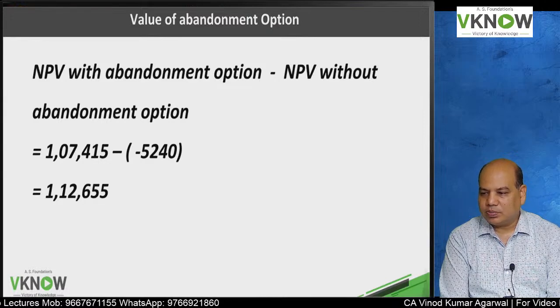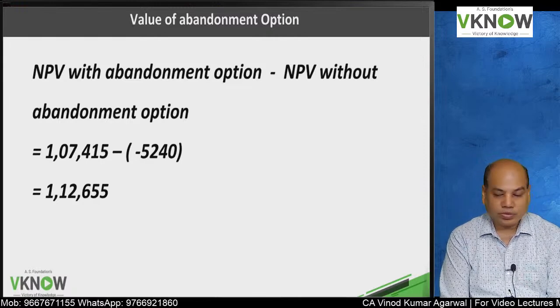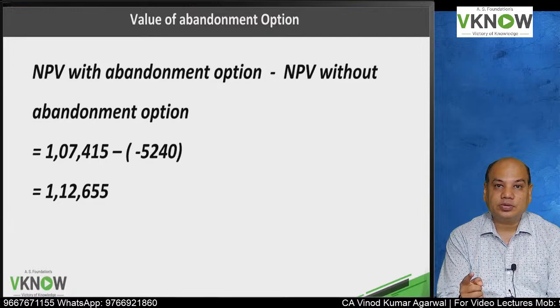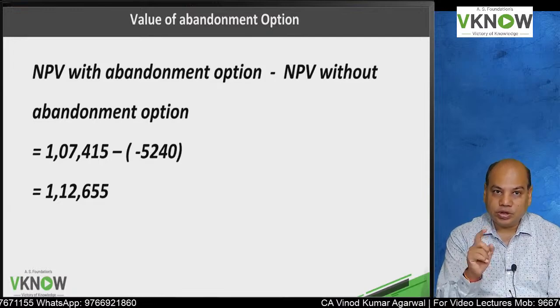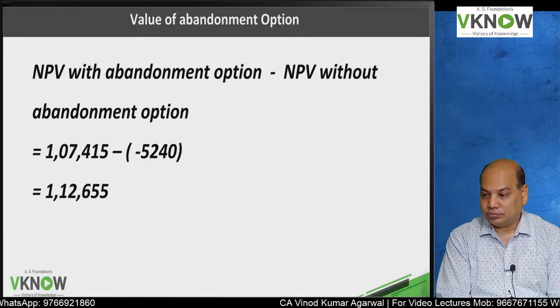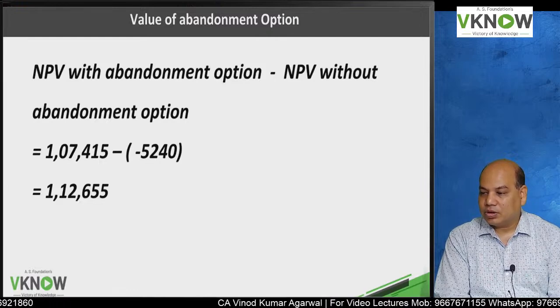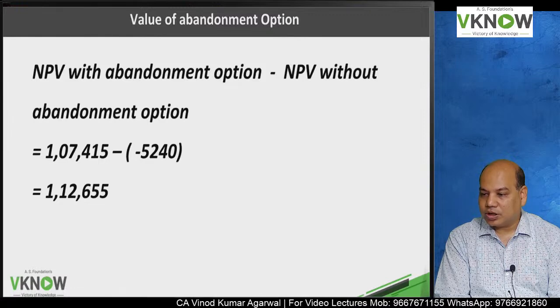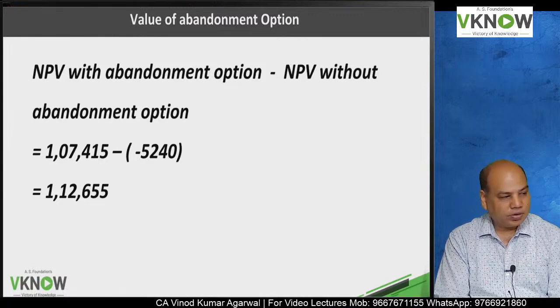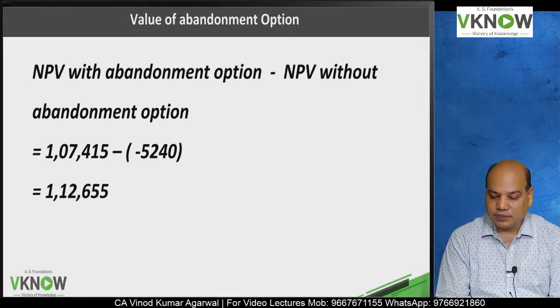So right now my NPV is 1,07,415, the previous answer, and without abandonment option, my original answer, if you remember, negative 5240. So the total becomes, because minus minus sign will become plus, with abandonment option the value of the project improves by 1,12,655.